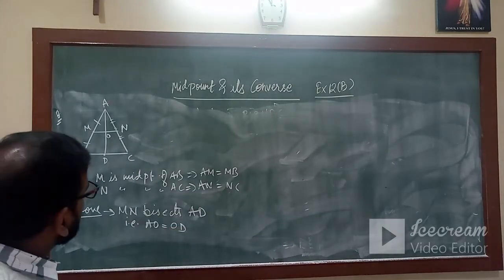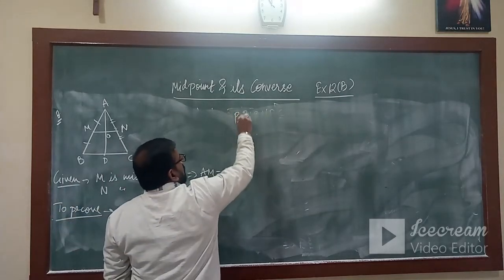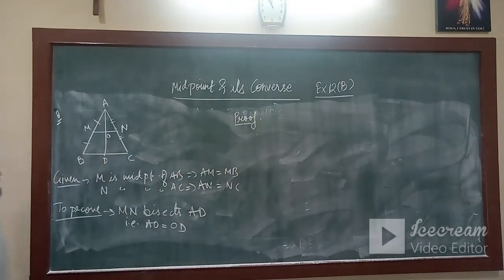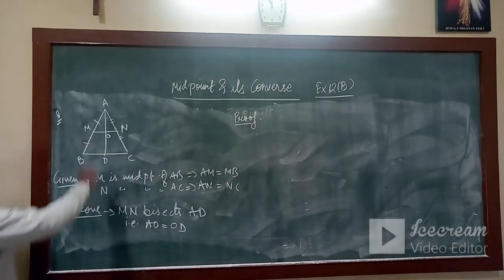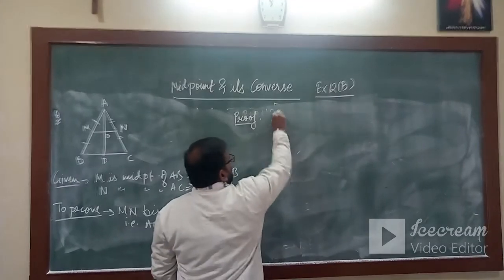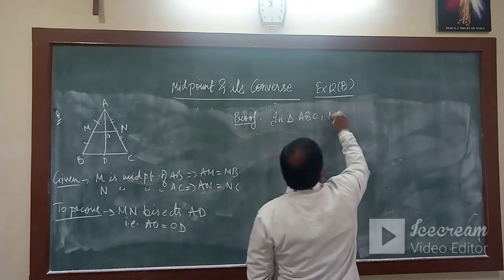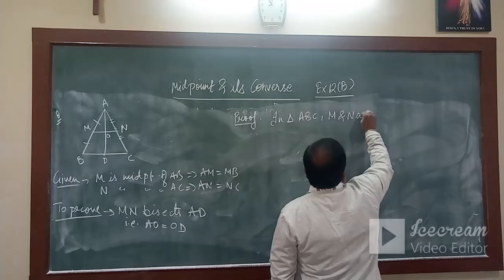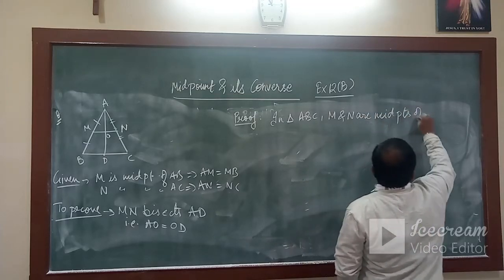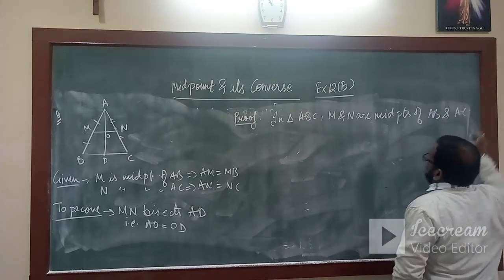Okay. So what am I going to do in this? First, what I need is a set of parallel lines. It is already given that M and N are the midpoints, so I can use the midpoint theorem in the very first case. So in triangle ABC, M and N are midpoints of AB and AC.